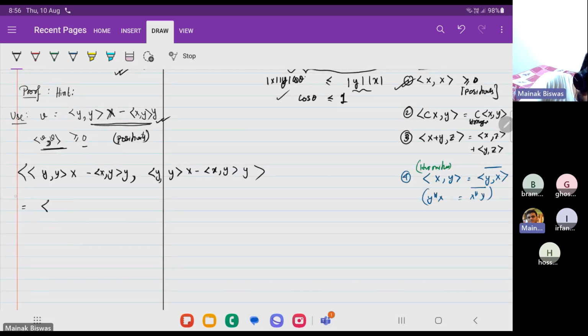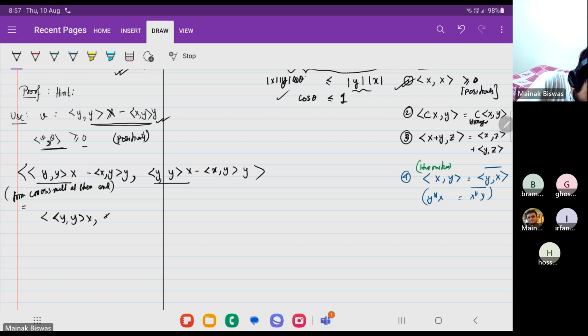So from the cross multiplication, at the end, what will I get? This and this, yes or no?